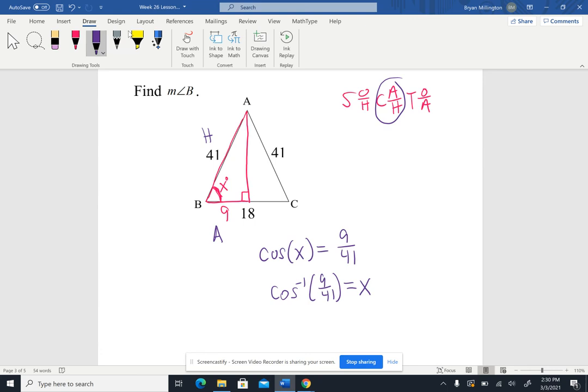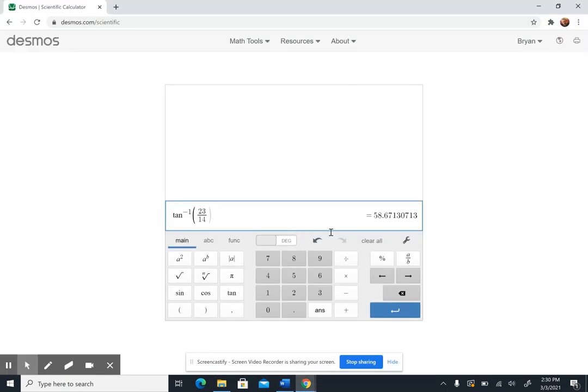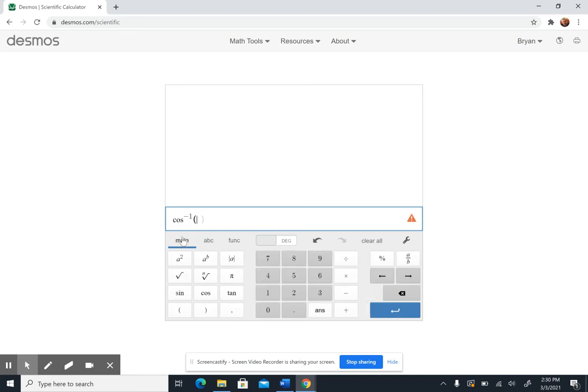So I'm going to go back to my calculator, and I'm going to clear this and do inverse. I have to hit that function button again. Inverse cosine 9 over 41. And it looks like my answer is 77.3196.